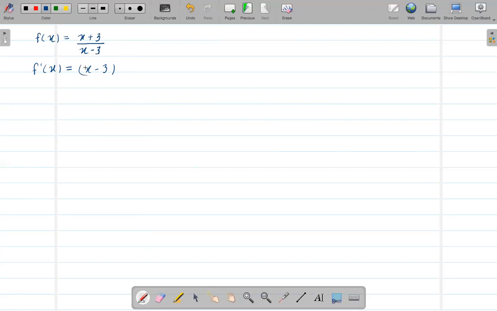So I see that some of you wrote, when you write f prime, I see that still some of you write x minus 3 times x plus 3 here. So when you take the derivative, now you cannot write this here, because this is not the derivative of f of x.